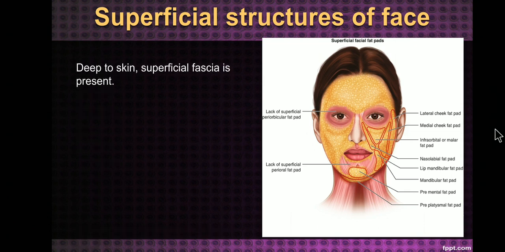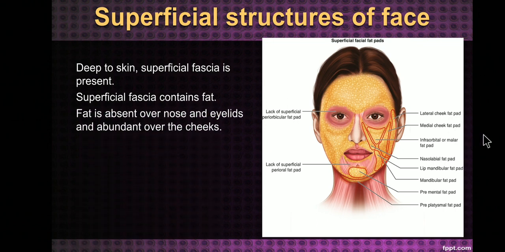The fat is also absent over the nostrils, where the skin is directly attached to the cartilage, and also over the pinna, which is made up of elastic cartilage. And of course over your lips, the fat is absent.